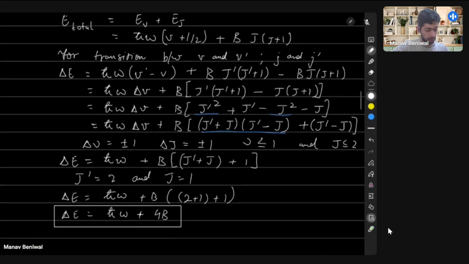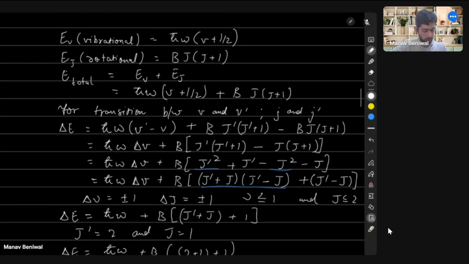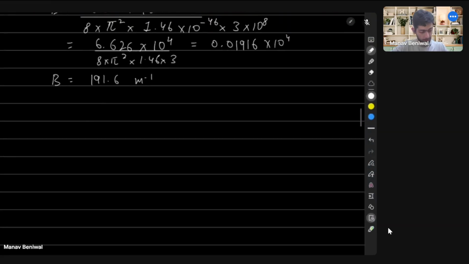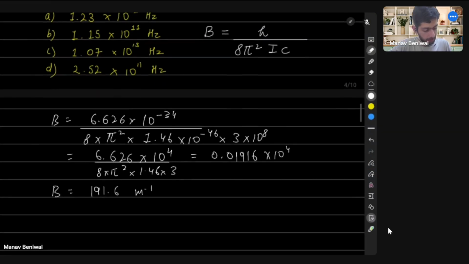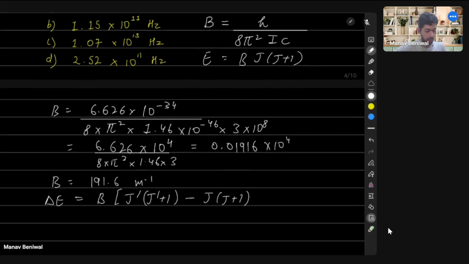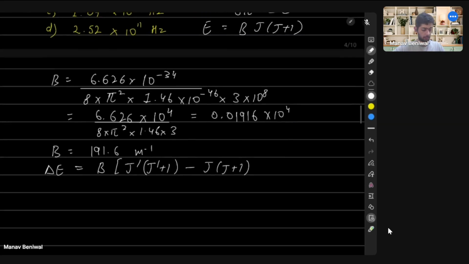Now another thing that we know is that the energy of rotation is given by this equation, B J (J plus 1). Okay, let's also write it down. E is B J (J plus 1). So delta E will be B times J prime (J prime plus 1) minus J (J plus 1), and here the transition is given from 0 to 1.